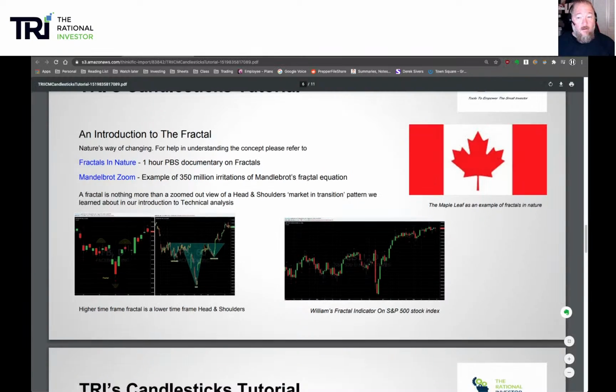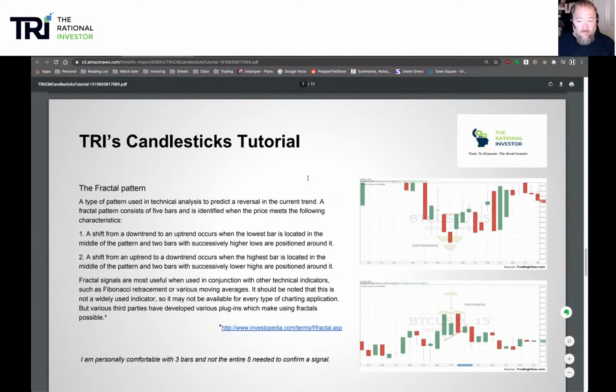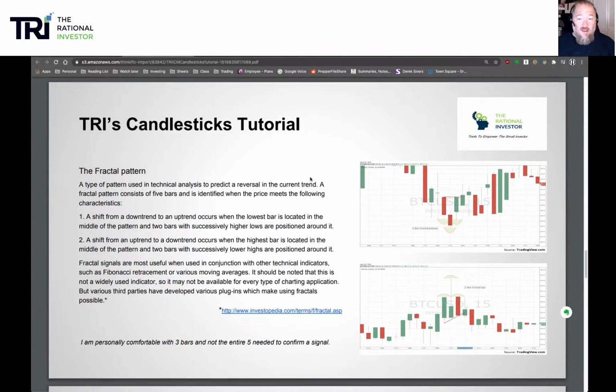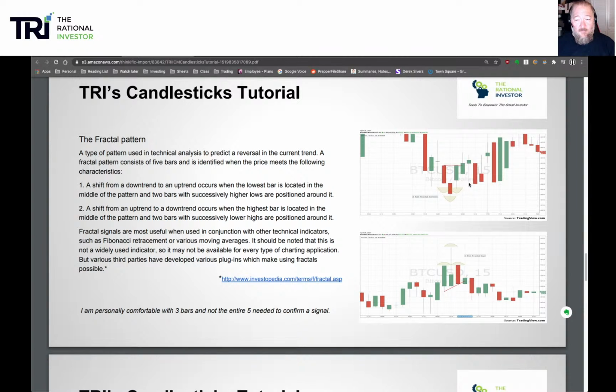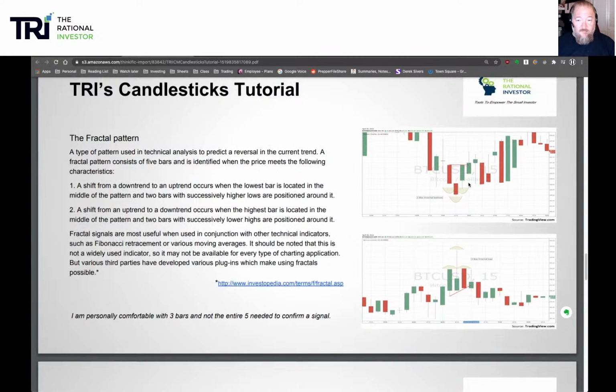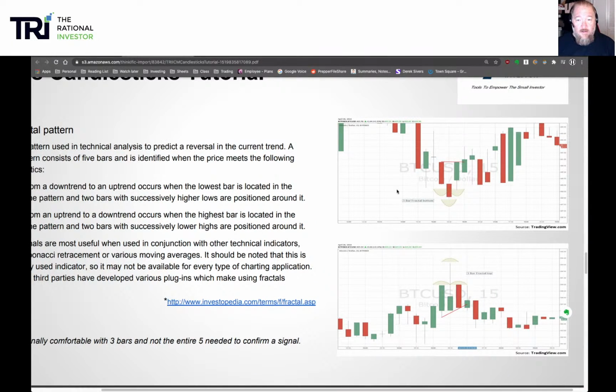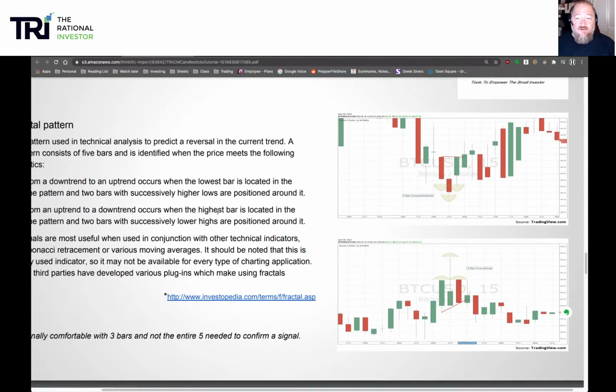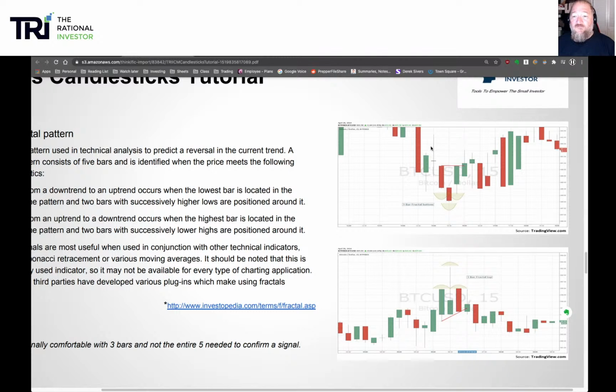All right. So that's fractals. Okay. We got a couple examples in here of fractals in play, right? This one's on Bitcoin, right? And this illustrates the point where it fires and where you put your risk to, right? So in this bullish fractal, the point where it fires is when price moves above this third candle's close.